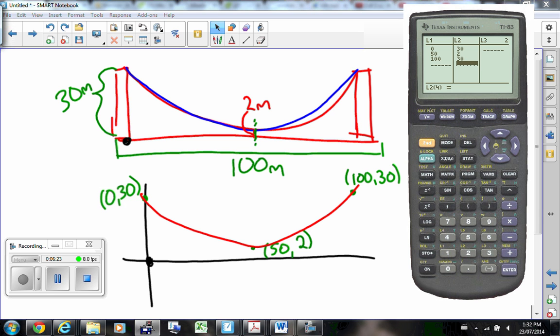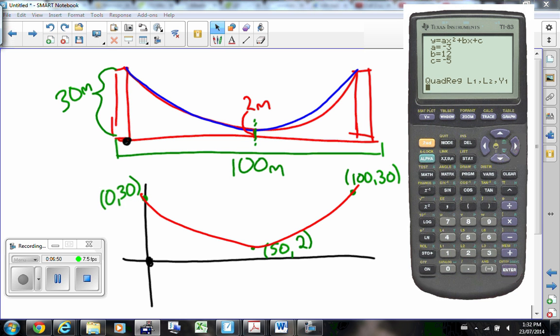And now what I'm going to do is go stat, calculate, quad reg. And it's going to pull up my quadratic regression thing. So again, L1, X list, L2, Y list, vars, Y vars, function, Y1.